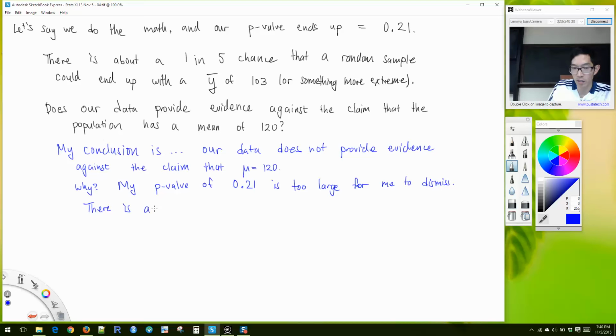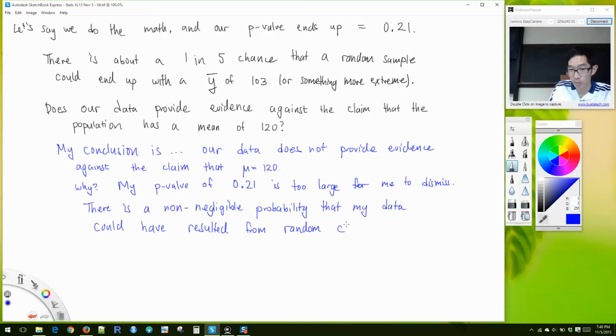There is a non-negligible probability that my data could have resulted from random chance alone.